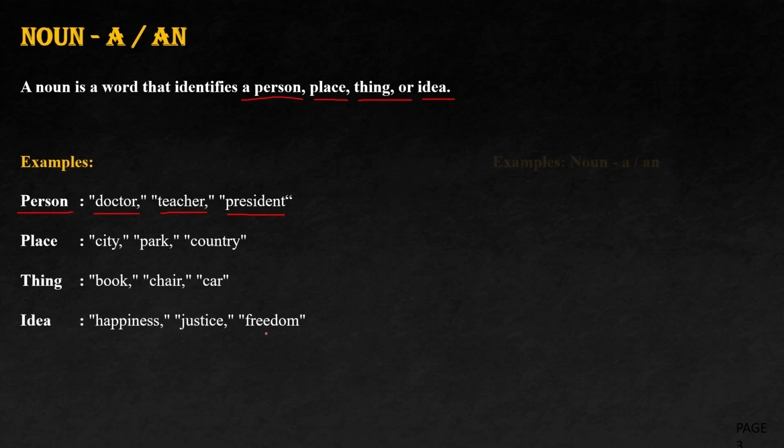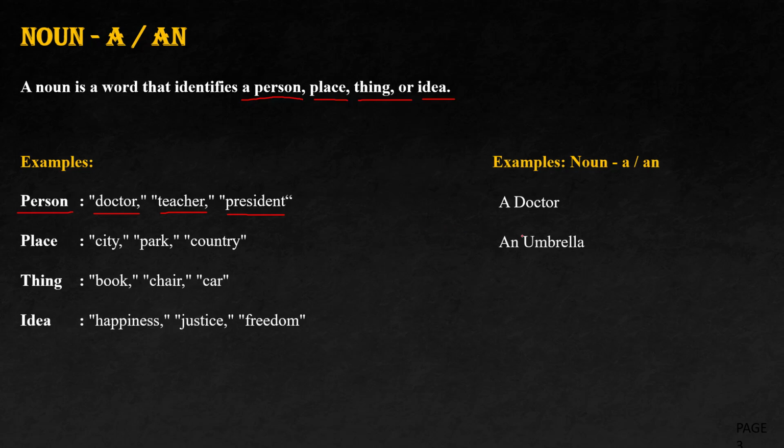These are the examples. Now, with respect to nouns and the addition of a and an, when it comes to consonants, we utilize a. When it comes to vowels, we utilize an. For example, for a person: a doctor, a teacher, a president.